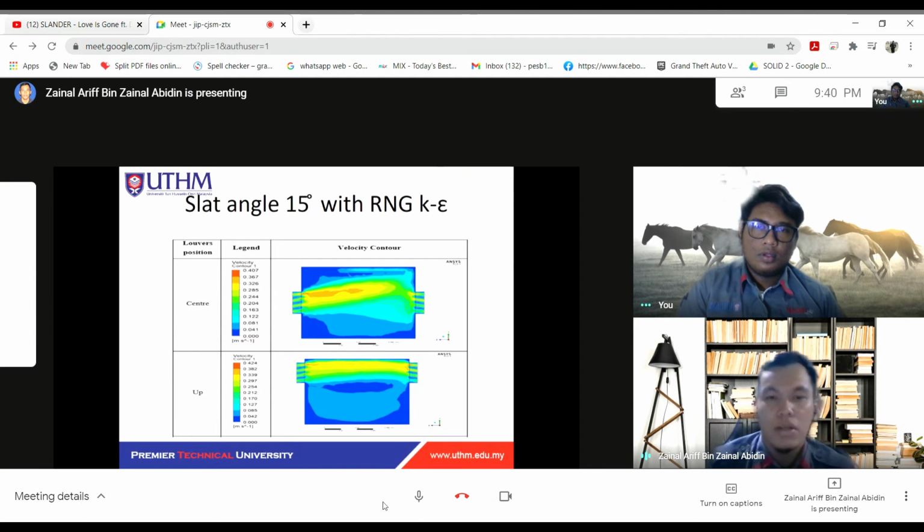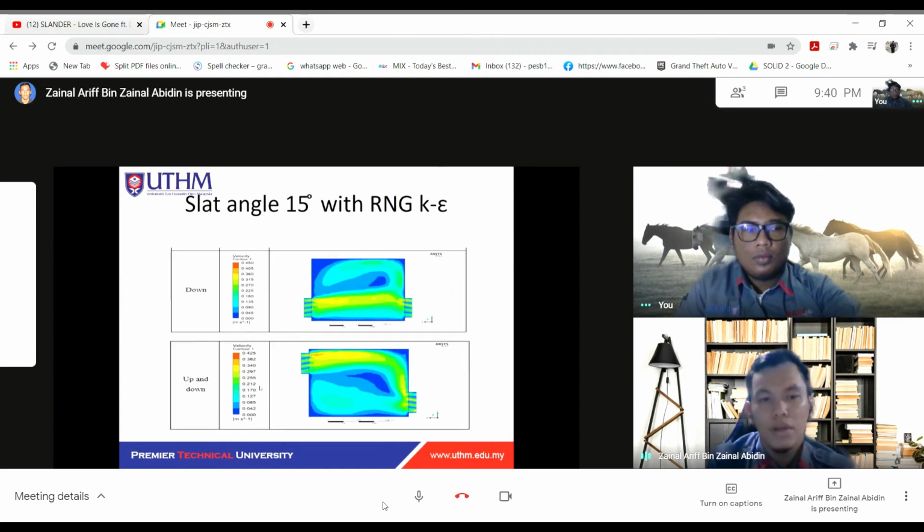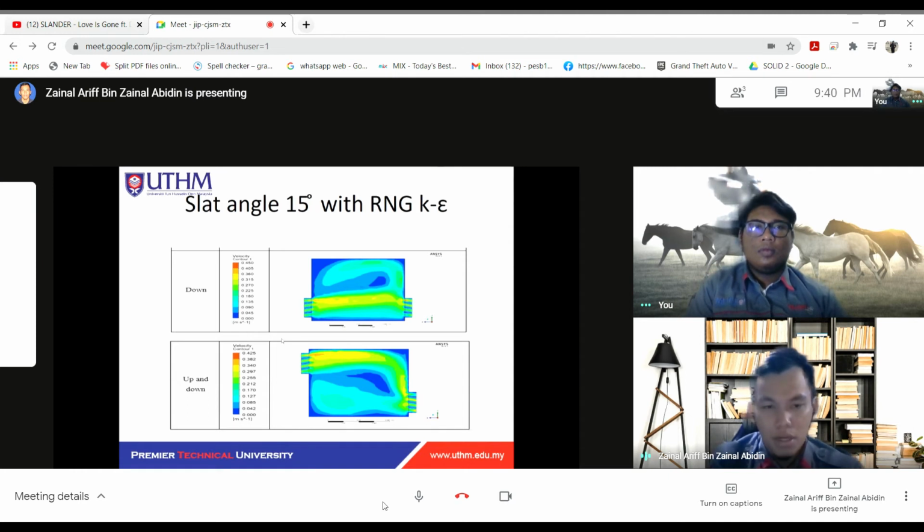Based on this result, we can see that the velocity differs with the different places of the louver, increasing and decreasing for each model. And for the down, the highest velocity is 0.45 meters per second. And for the up and down louver, the highest velocity is 0.425 meters per second.